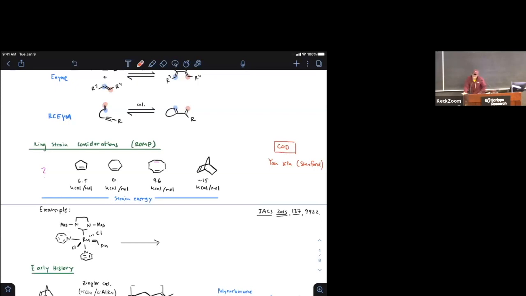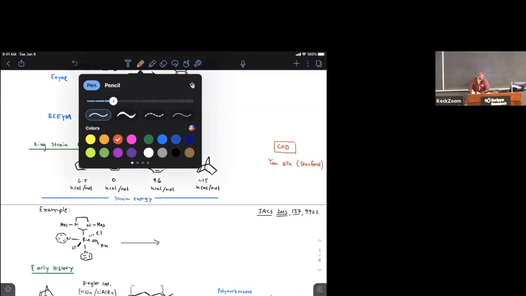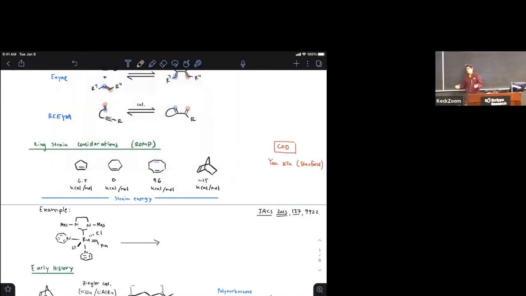Some of that work is in collaboration with our departmental alum, Noah Burns. So Jan's attention and his group turned to, if you were to take this logic to the extreme, ask yourself, okay, if more strain is better, then what would be the most strained thing you could think about ROMPing?